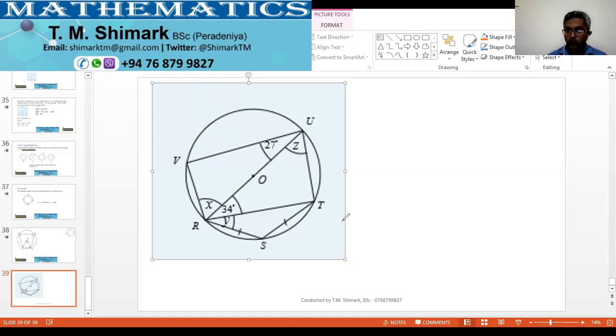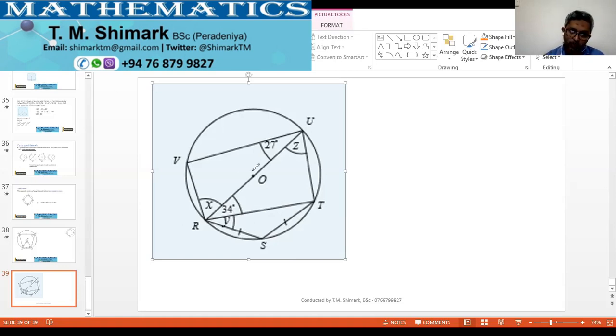We can use that. And also I have this guy RS and ST are equal. That gives me an isosceles triangle. So there is a possibility to use that also.